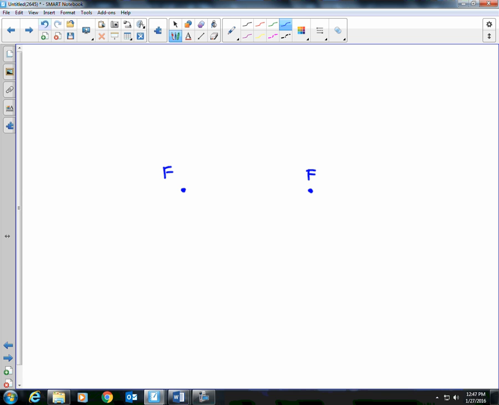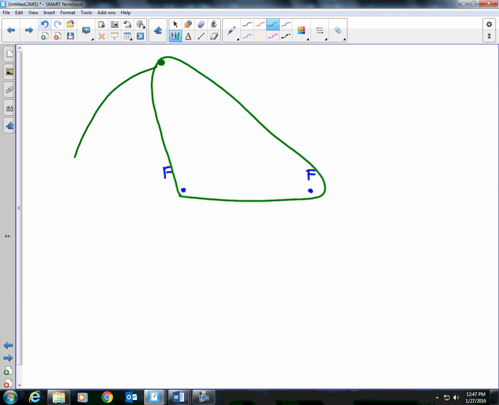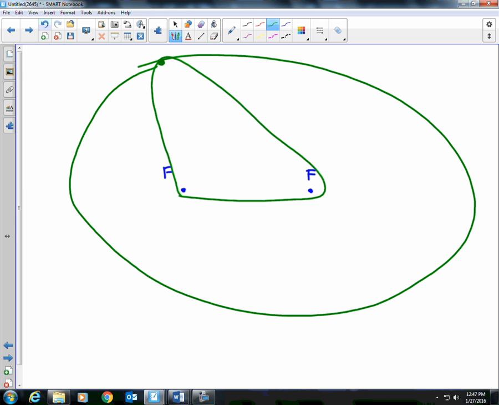I loop the string around these 2 focal points, and I stretch it out as far as it goes. At that end spot will be a point. And as I continue to stretch that string out and carry it around and around, I will get a potato. Okay? I'll get an ellipse.